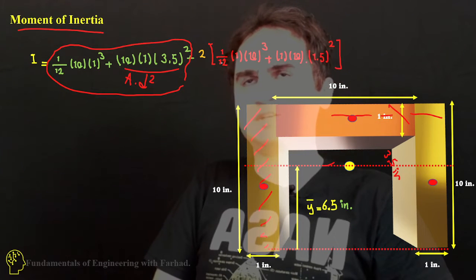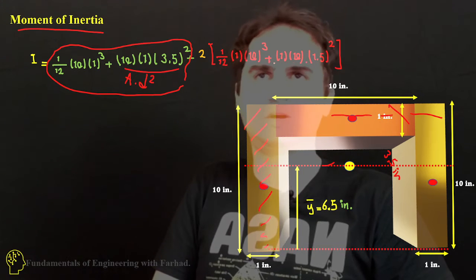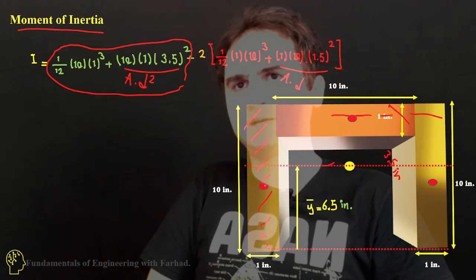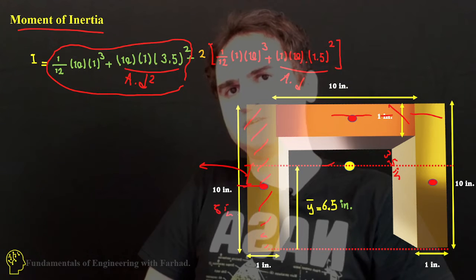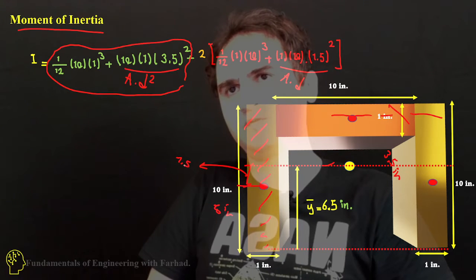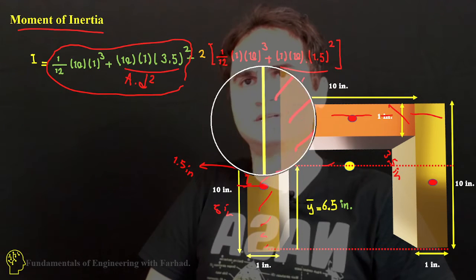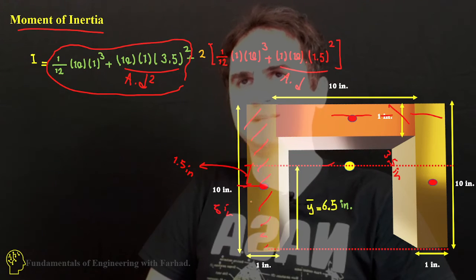And also for 2 of these guys: 1/12 base times height cubed, this time 10 times 1 cubed, plus A d squared. A again is 10 inches squared, and d is the distance from the centroid of this part, which is 1.5 inches between the centroid of the entire system and the centroid of each of these legs.